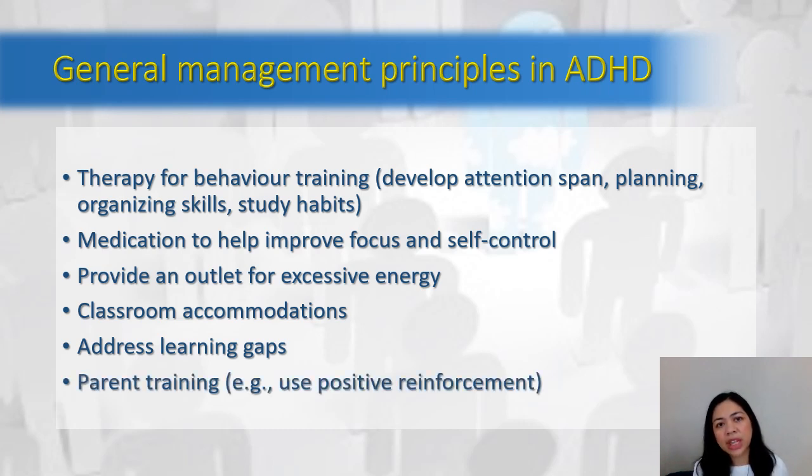And we need to train their parents as to how they should respond to their behavior at home. We often advocate positive reinforcement rather than frequent scolding or frequent punishment because negative reinforcement has been shown to lead to more complications later on, such as oppositional defiant disorder.